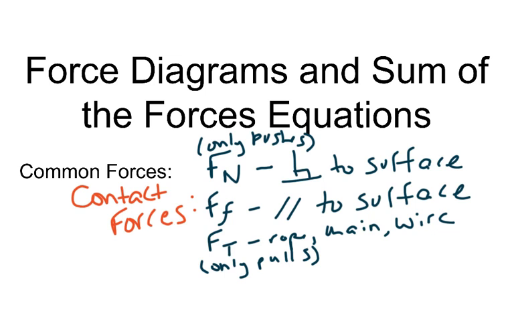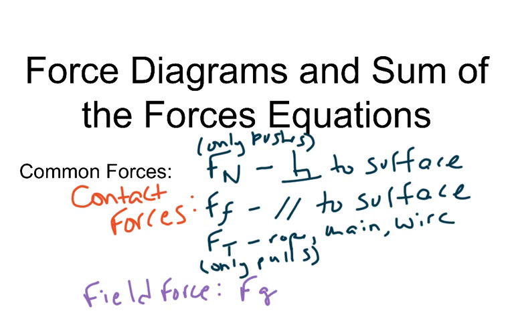And then we have one non-contact force. We call it a field force. And that is the gravitational force. It's always drawn from the center of one object to the center of the other object. And it is almost always there.